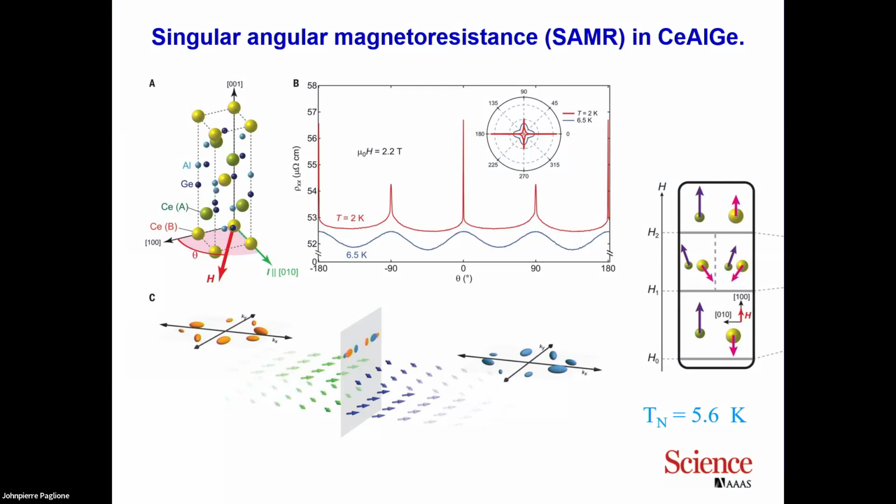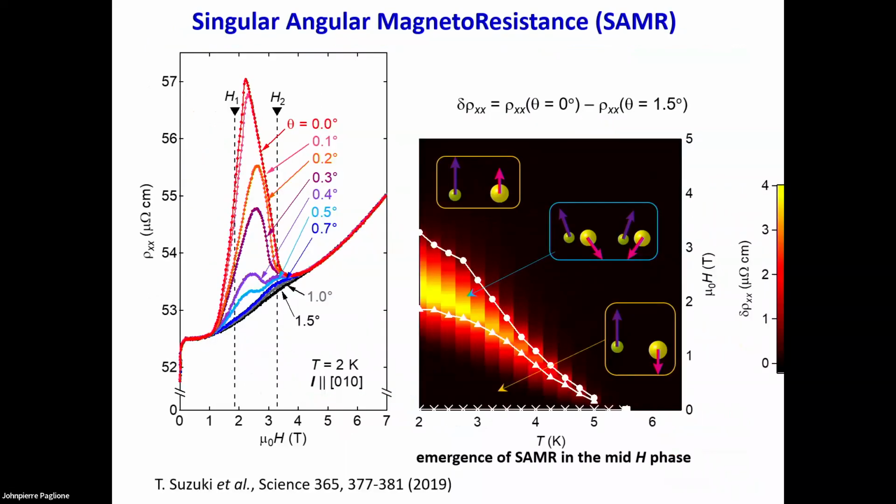So when it transforms from one domain structure to the other, the electrons have a really tough time going through that domain wall boundary, and that's why the resistance suddenly shoots up. So that's the answer for this.